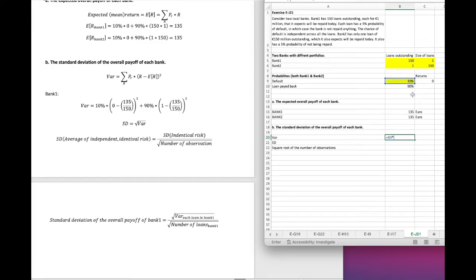So I would take 10%, where the outcome would be 0, minus the average for the 150 loans, plus 90% probability of the loan being 1, minus the average of the loans.